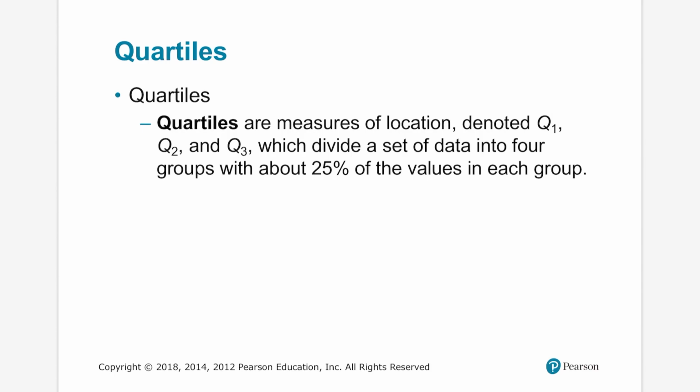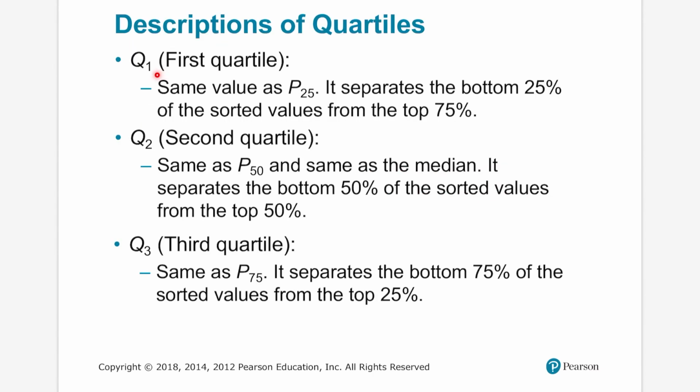Quartiles. Quartiles are measures of location denoted Q1, Q2, and Q3, which divide a set of data into 4 groups with about 25% of the values in each group. Q1 is also called the first quartile, and is the same value as P25.